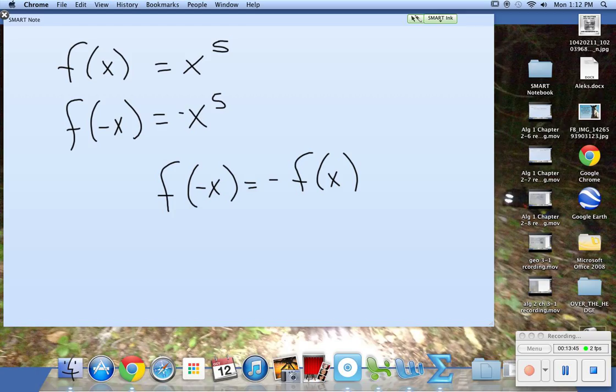I went over even and odd. Do I have to show you what an even and odd is? Even and odd. What is it symmetrical to? You graph it, you find out what it's symmetrical to. What is the line of symmetry on it? So if I take and I graph this.